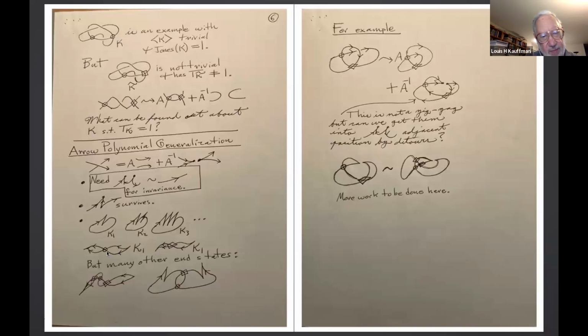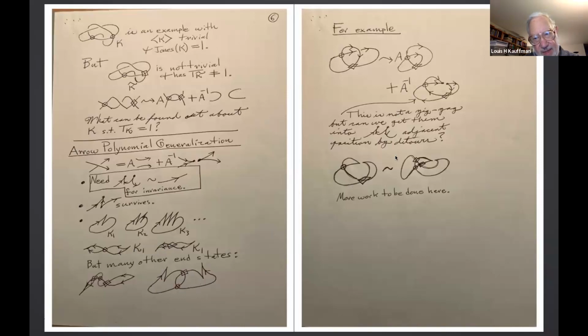But if we have more than one virtual crossing type, then there are many, many extra states. For example, there is this one here where these are kind of welded together by a pair of different kinds of virtual crossings, and they have zigzags in them. So there are many, many irreducible states that will contribute to an arrow polynomial generalization.